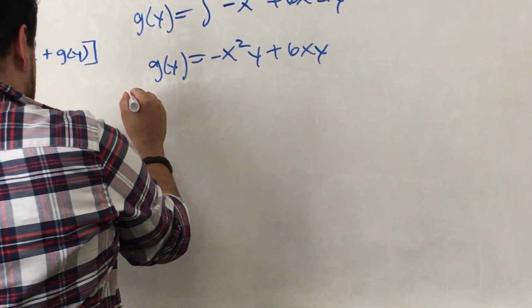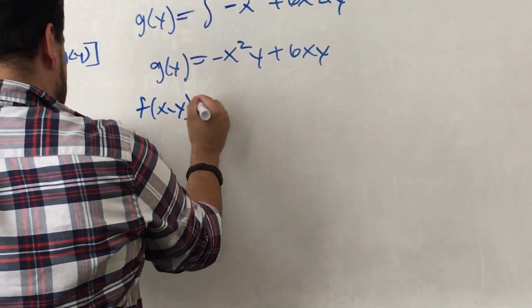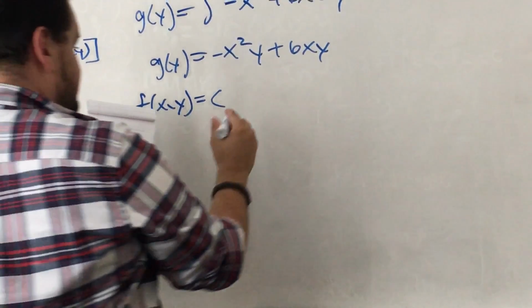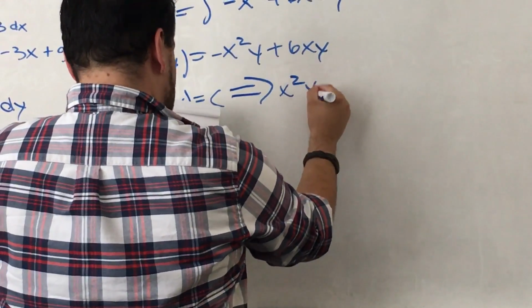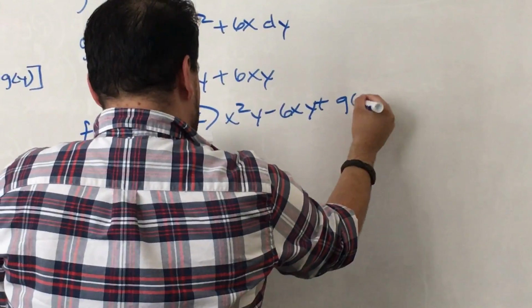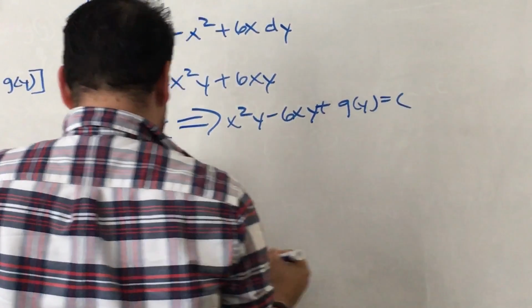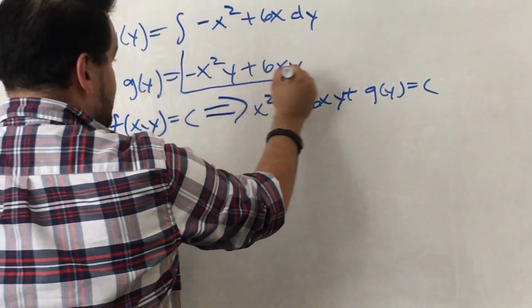The next step here is to take f of x and y and set it equal to c, which gives us x squared y minus 6xy plus g of y equals c. And g of y is right here.